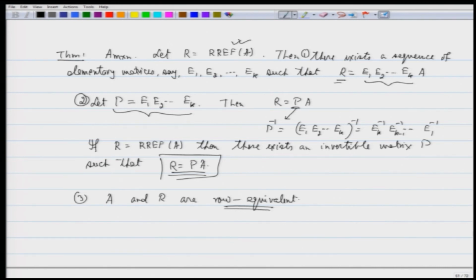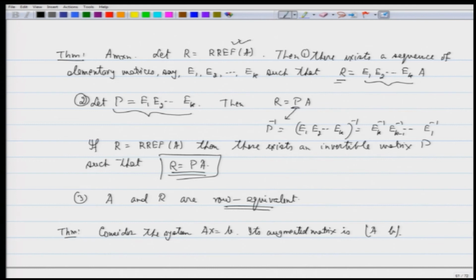I am not proving it, but I am just going to write this as a theorem. Consider the system Ax is equal to B, whose augmented matrix is [A|B].